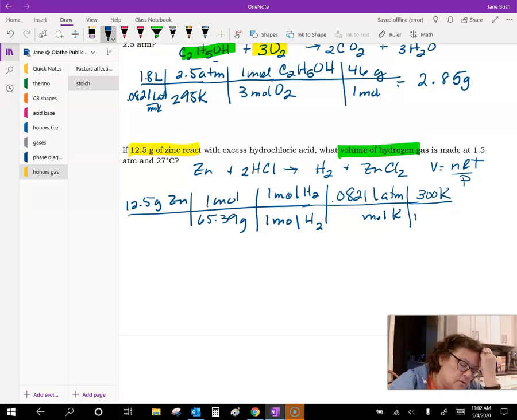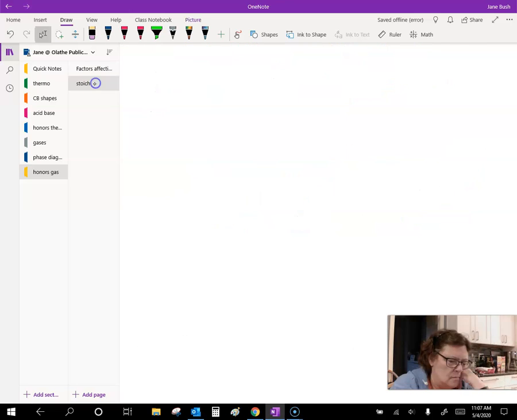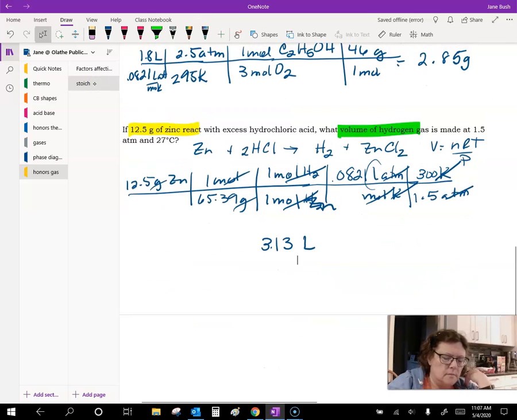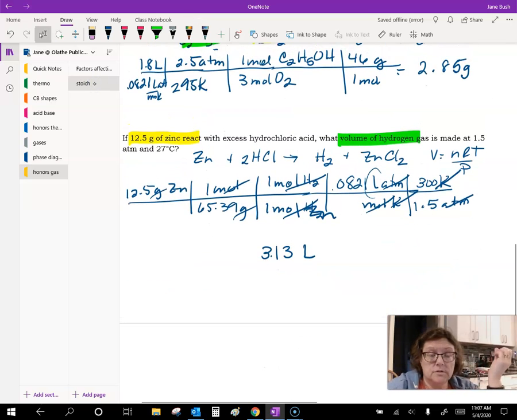And the pressure is 1.5 atm. Atmospheres cancel, Kelvin cancels, moles cancel, grams cancels, and we should have an answer in liters. All right, the answer is 3.13 liters, assuming I'm doing my math correctly.